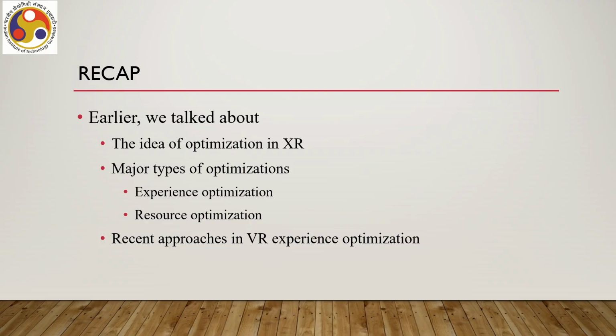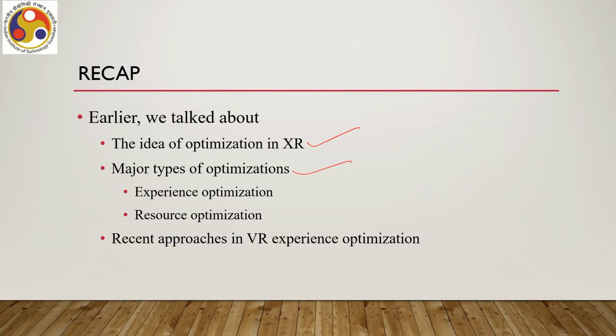So, if we quickly recollect what we have learned so far, we talked about the idea of optimization in the extended reality domain. What we mean by it and the major types of optimizations, that is experience optimization, psychophysiological optimization and resource optimization.